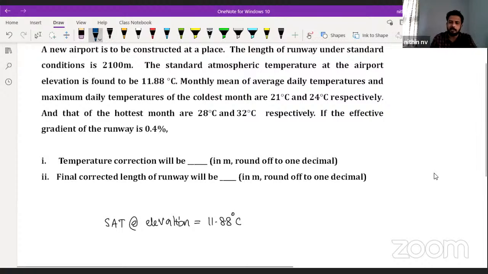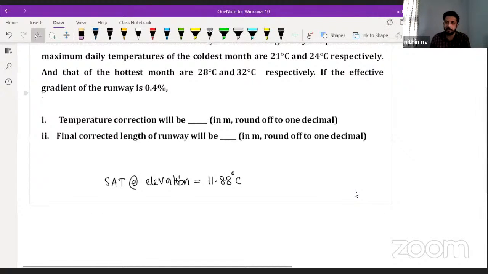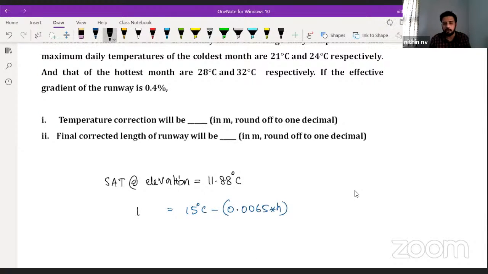Can you understand the elevation from this data? We know the standard atmospheric temperature at any elevation is equal to 15 degrees Celsius minus 0.0065 into elevation. Are you remembering this equation? So 11.88 degrees Celsius will be equal to this, from where we can calculate the elevation.